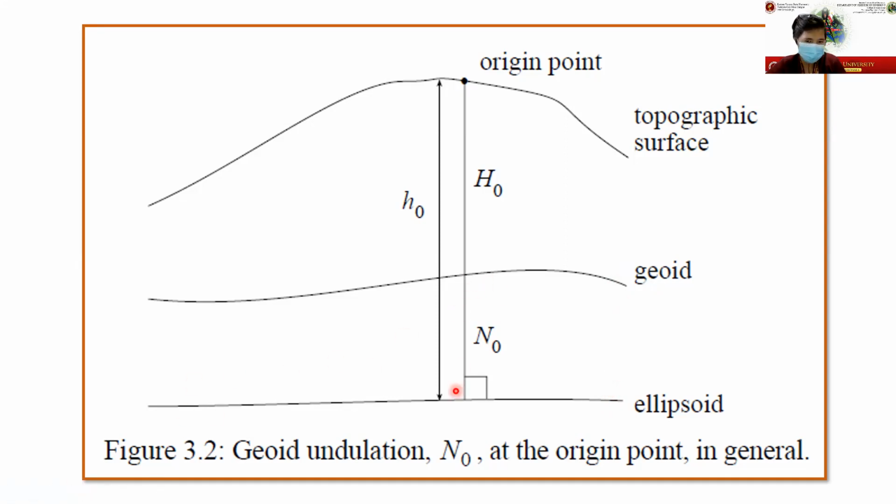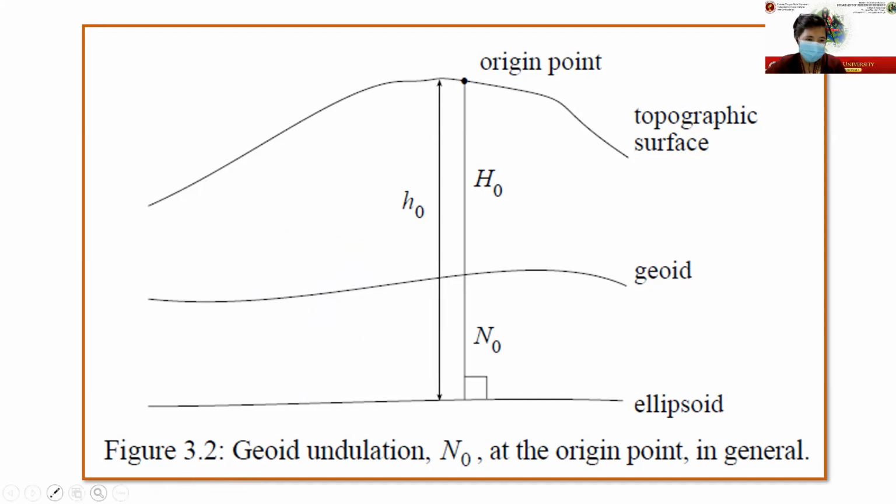Again, this is the geoidal undulation, N0. And then your ellipsoid to the certain point is called the ellipsoidal height. So ellipsoidal height minus the orthometric height, that is our geoidal undulation.